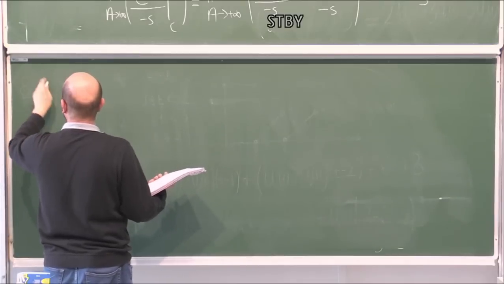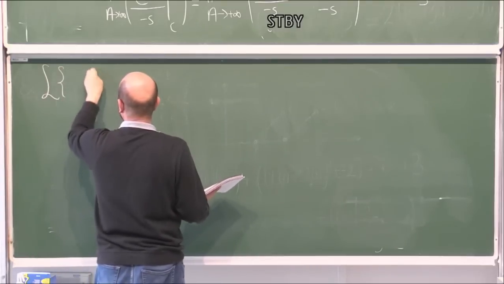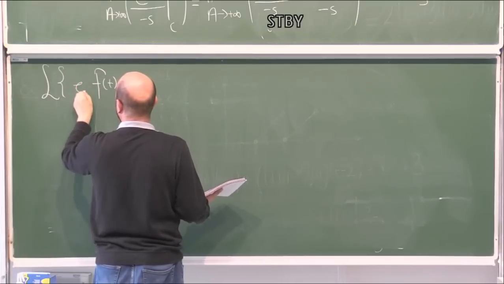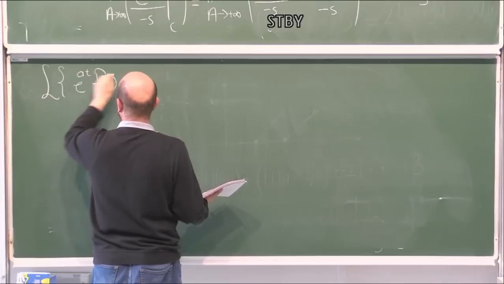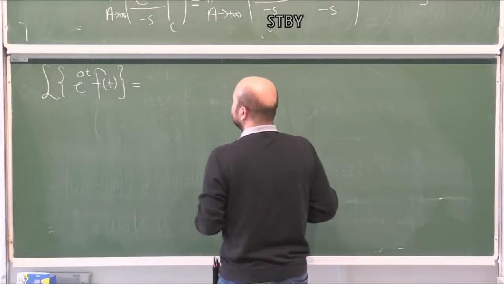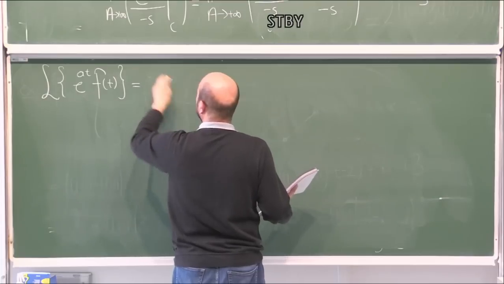We know the following property, remember, when you have a function f, if you multiply this thing with an exponential, as we did before, this is just giving you a shifting in the s domain.